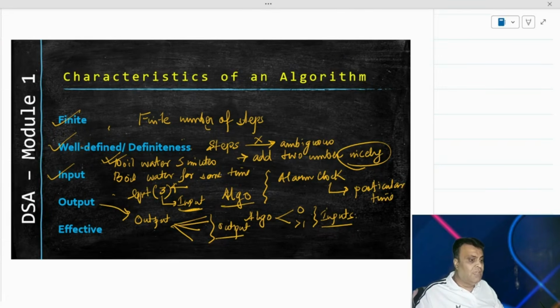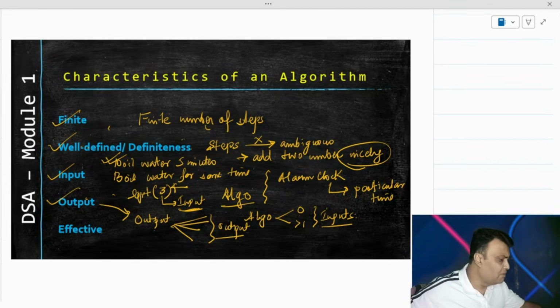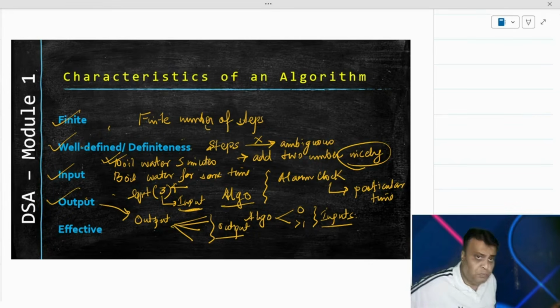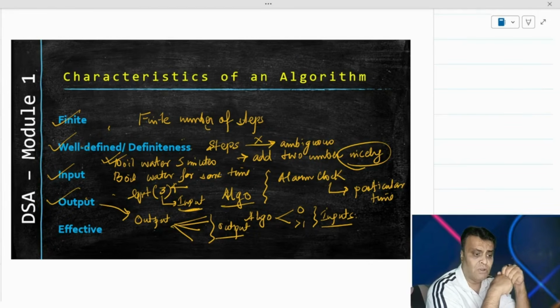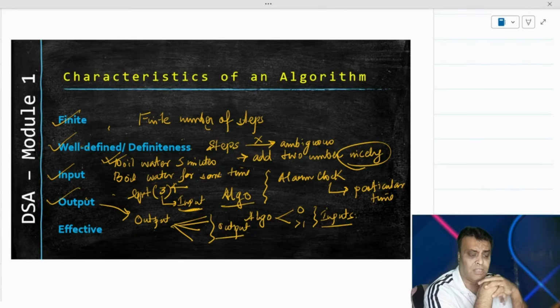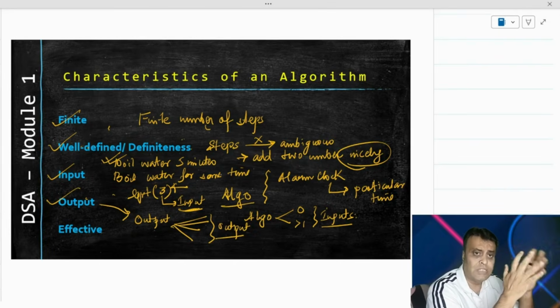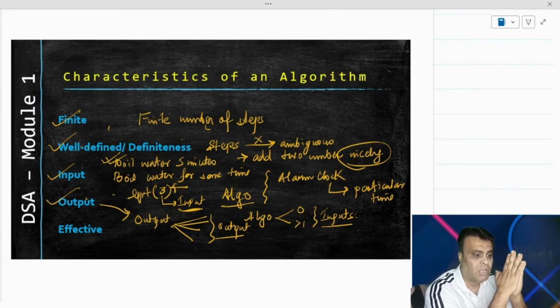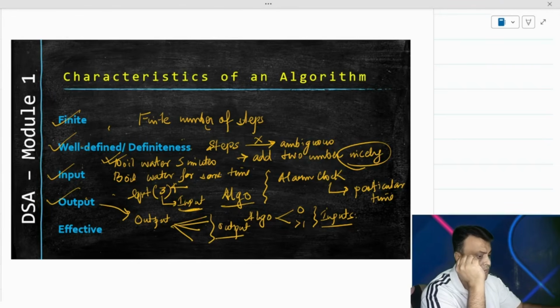Input is something that is 0 or more for an algorithm. It may or may not have inputs, and the algorithm always produces some output depending on the logic of that algorithm.